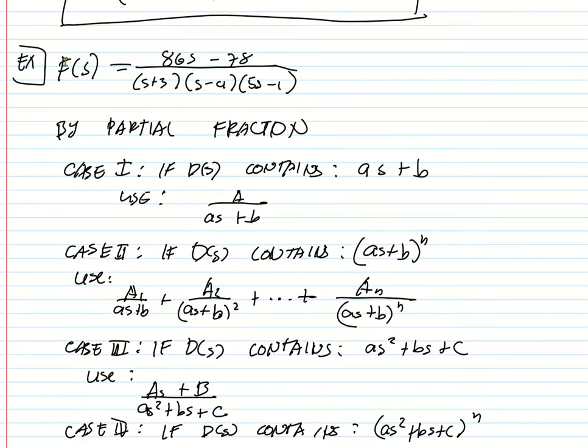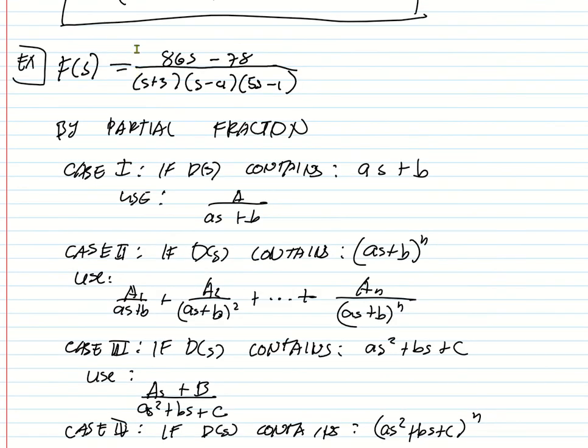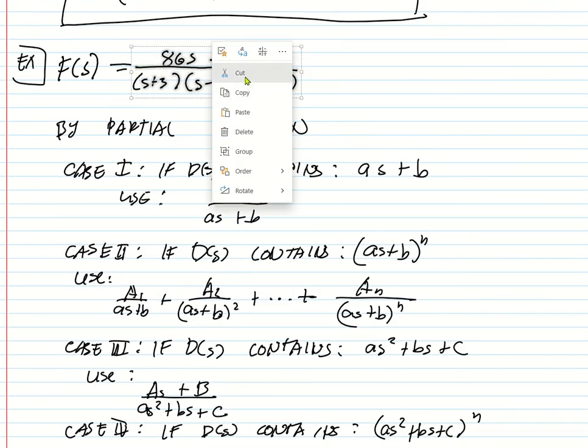So in our example here, these are all binomial. There's no quadratic here, so it's either case 1 or 2. But this is case 1 because they are not repeated. So they are all case 1. So if you do the partial fraction, this is the process of doing partial fraction.